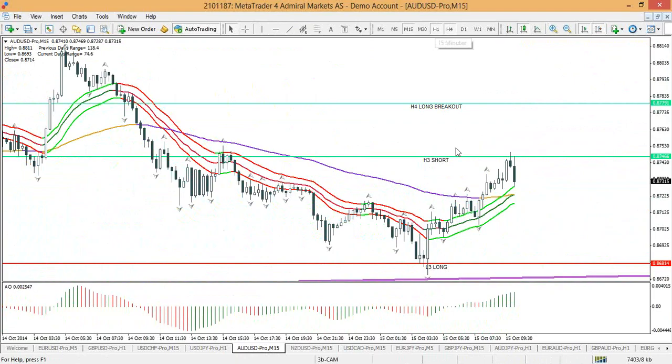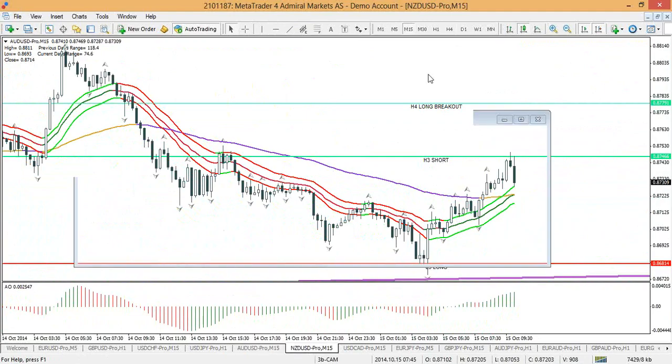Camarilla strategy would be looking for either a break above H3, because we have bullish moving averages, or a break below L3 with bearish moving averages. Or, of course, one could trade the bounces, but then you wouldn't have the moving averages aligned. And that's what I just mentioned regarding the bounce.